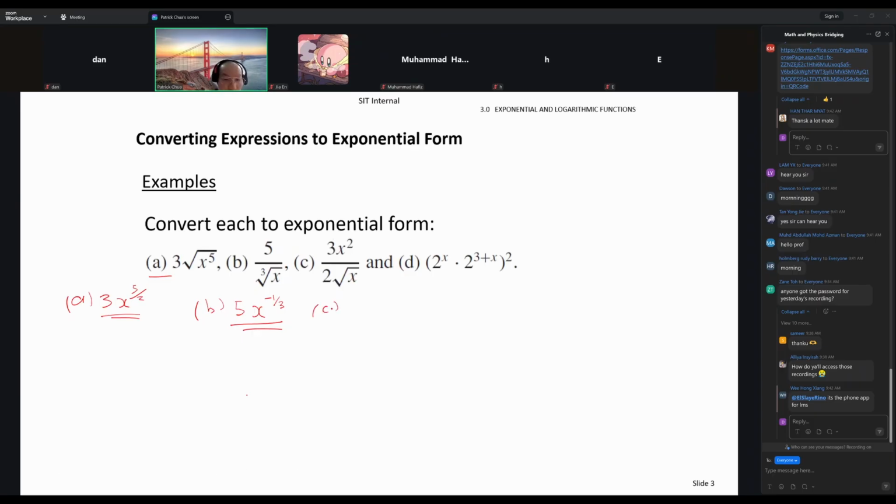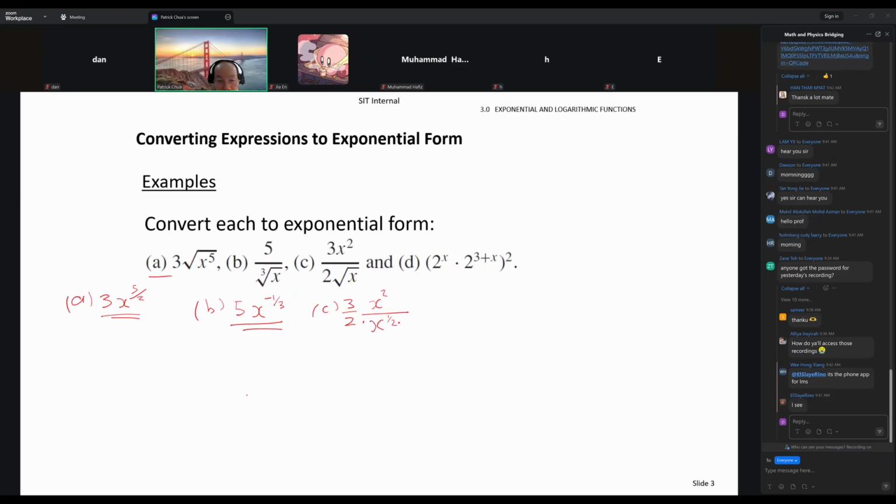And C, you have this term here, 3x squared over 2 root x. The 3 over 2 is a constant, so we don't touch the constant. We keep the x squared in the numerator, and the root x in the denominator can be rewritten as x to the power of half.